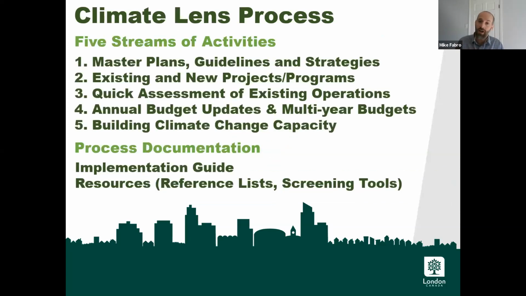So over time, we developed these 5 different streams that define the process in each different service area. The first 2, master planning guidelines and strategies, and the existing and new projects and programs, are definitely the most substantial. So these streams of activities, we wanted to provide tools that would help at these specific points in time where critical decisions are being made, whether it be at a policy or strategy level or at an actual project level.